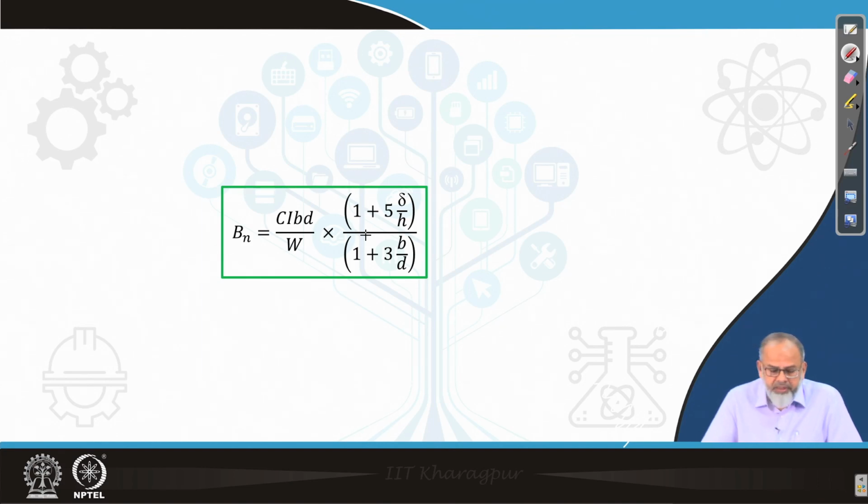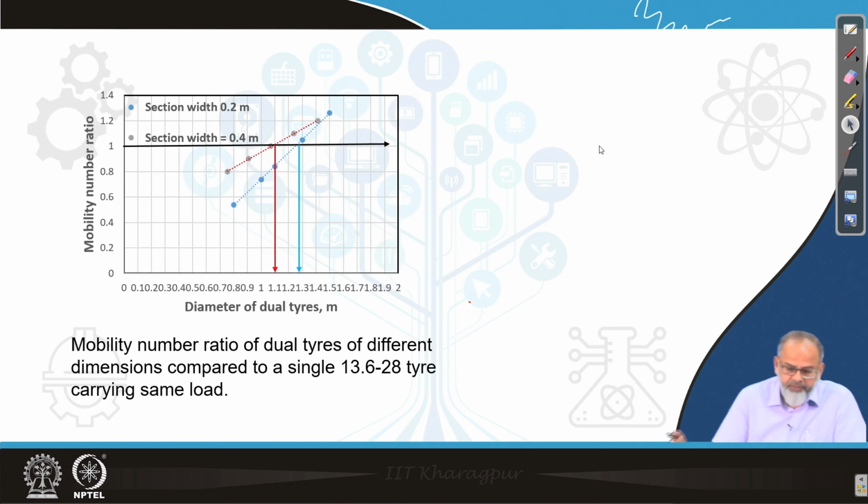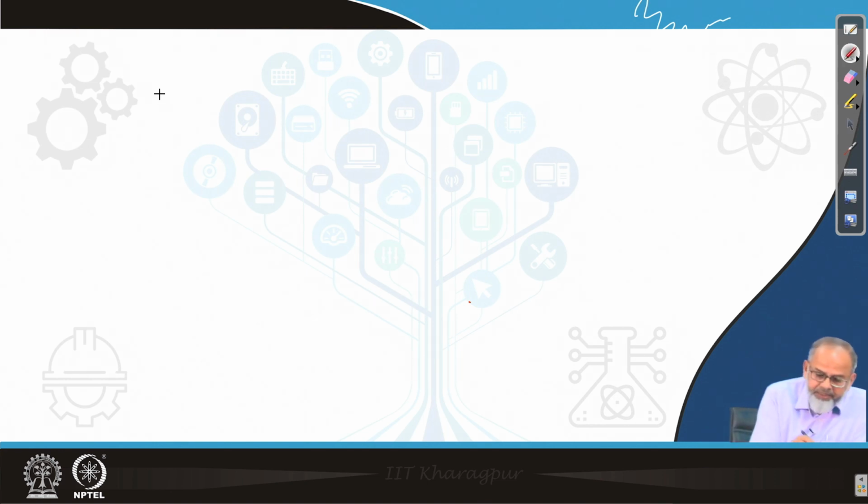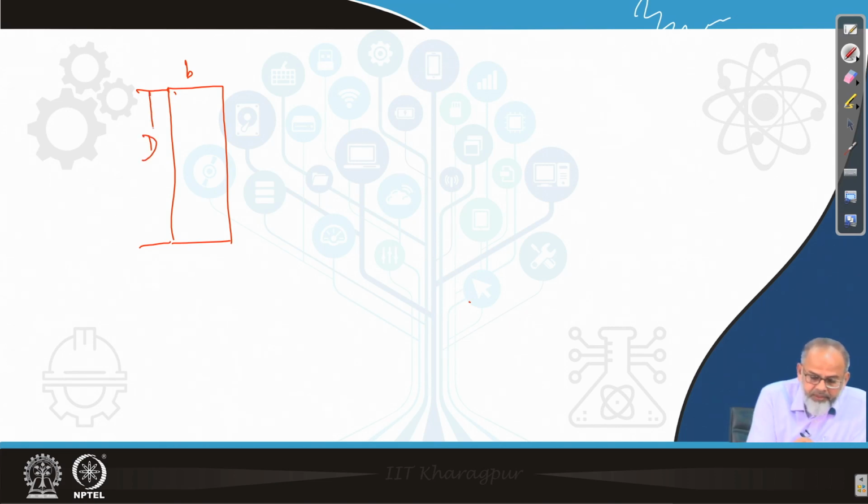So, what I will do is I will take an example. I will take a single tire and then I will take two tires of same dimension. That means, if a single tire is having width B and diameter D, I will take a dual tire. So, that means two tires will be there.